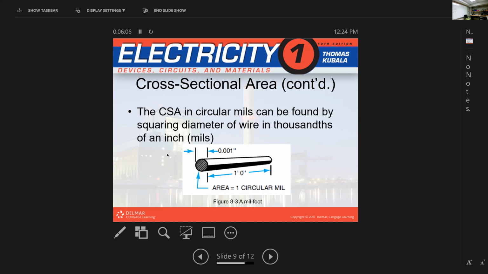So when you strip that wire down to 1/1000th and it's 1 foot long, it's going to have X number of ohms at a particular temperature. And when you change that temperature, and they're always going to tell you what that temperature is, they'll say that copper wire has 12.9 ohms at such and such temperature. If you lower the temperature, the resistance goes down a little bit, and they're always going to tell you the ohms and the temperature before you have to do a calculation.